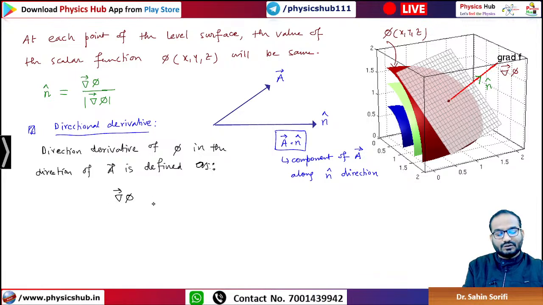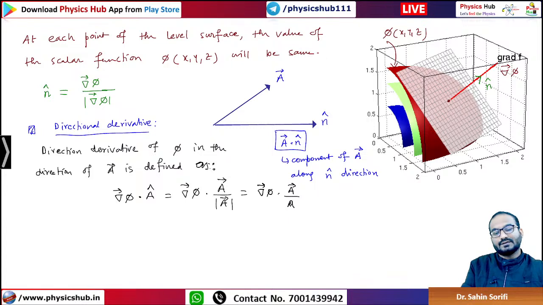Okay? So its component along the direction a. So we will write simply grad phi dot a cap. So this is what directional derivative is. So grad phi dot unit vector a, where unit vector a is vector a divided by modulus of vector a. We can also write this modulus of vector a in this way also. If you keep simple a like this, not bold, then it represents the magnitude of this vector a.